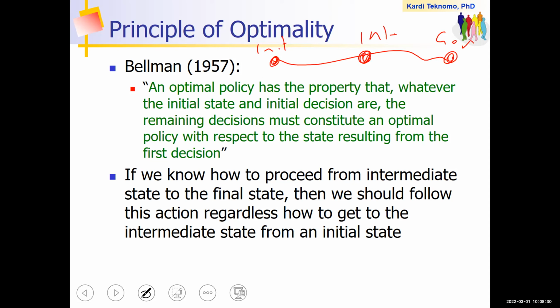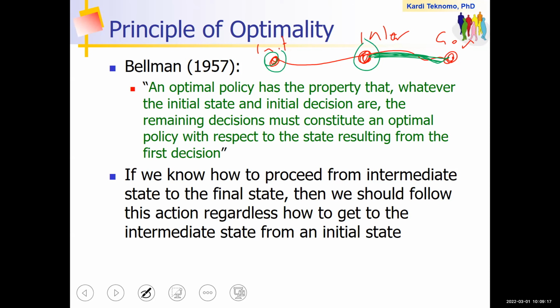Now the principle of optimality states that if you know that this line from the intermediate state to the goal state is already optimal, if you know how to proceed from the intermediate state to the final state, then you should follow this action regardless of how you get from the initial state to the intermediate state.